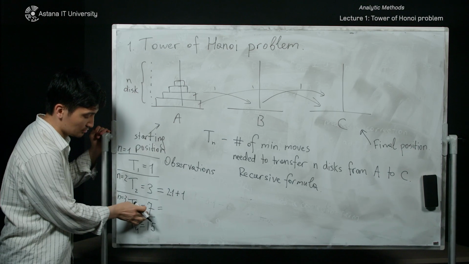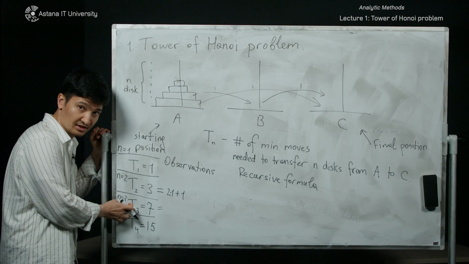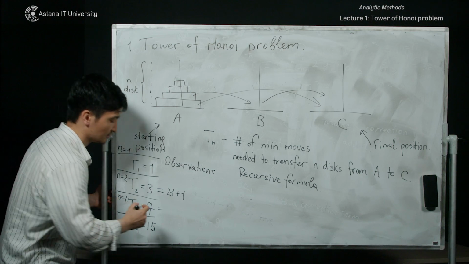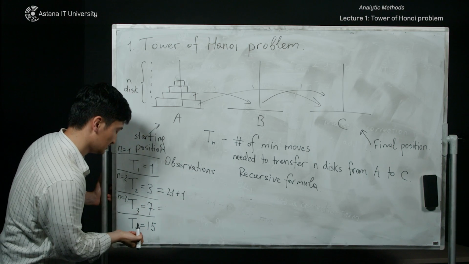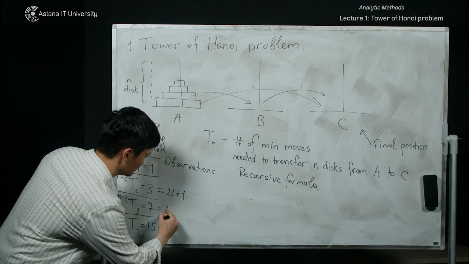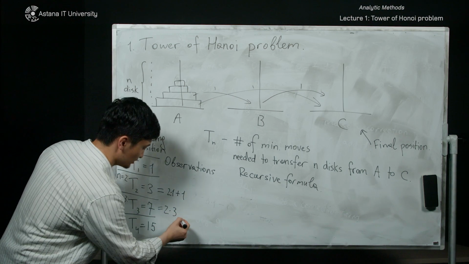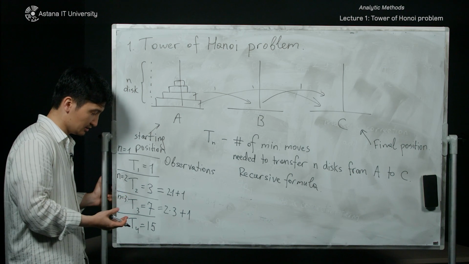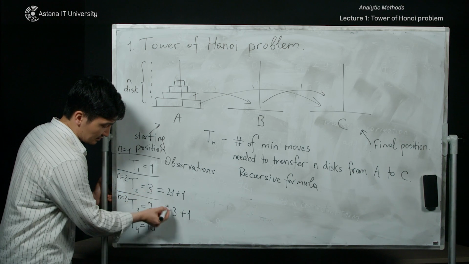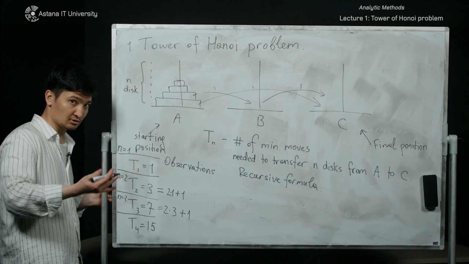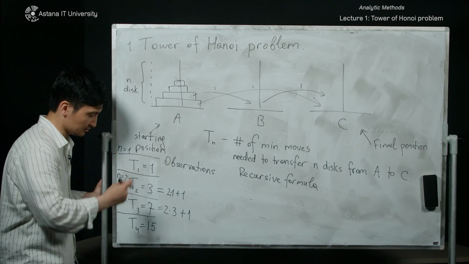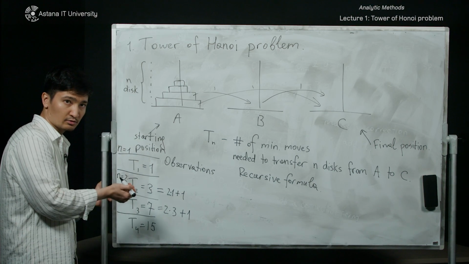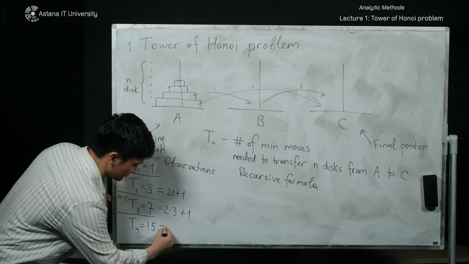For 7, I want to express it in terms of 3, or basically t3 in terms of t2. It looks like 2 times 3, which is 6, and I need 1. So 2 times 3 plus 1 is actually 7, right? So it looks like this 3 and this 3 correspond. We're starting to see some pattern. Let's see if there is a connection between 15 and 7. Basically t4, we want to express in terms of t3.